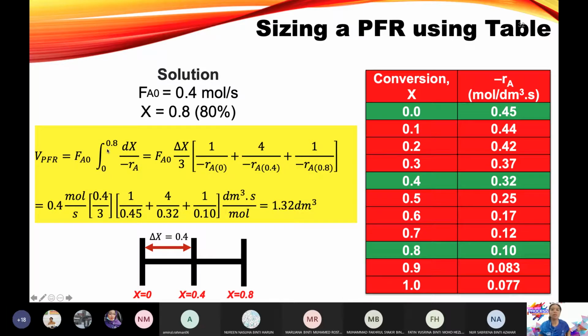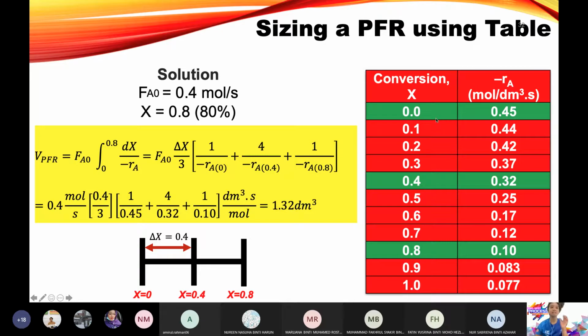Make sure you write your bottom limit and upper limit correctly first so that you know the start of X and the end of X. dX per minus RA equals FA0 delta X per 3 in bracket 1 per minus RA when my X is 0. So you have to check. When my X is 0, my minus RA is 0.45. Remember, if you use the table, the information is X and minus RA.